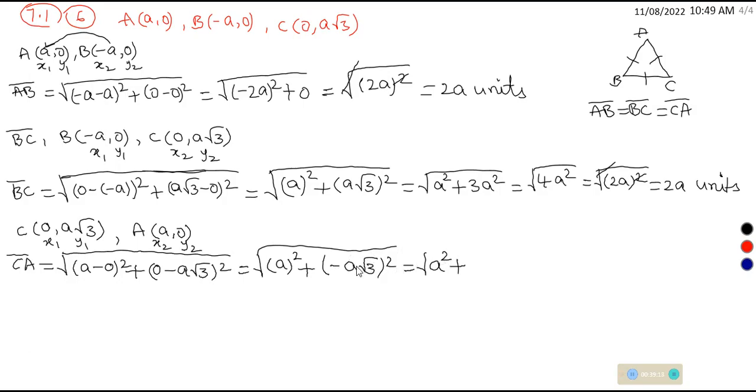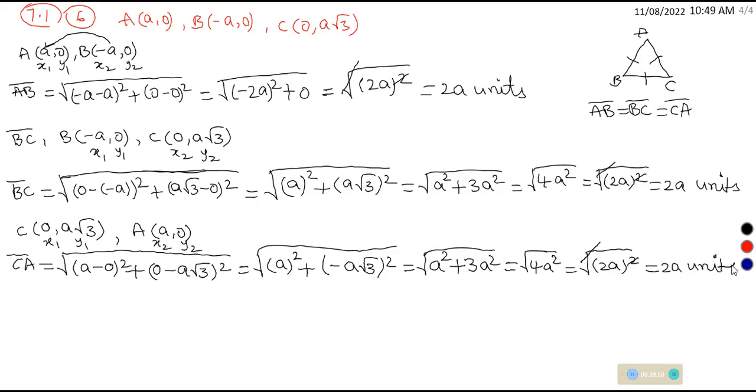Minus square is plus, a square is a square, root 3 whole square, square root cancel means 3. So finally it is what? 3a square. So total it will become root 4a square. So 4a square can be written as 2a whole square. Now square root cancel, it will be 2a units.